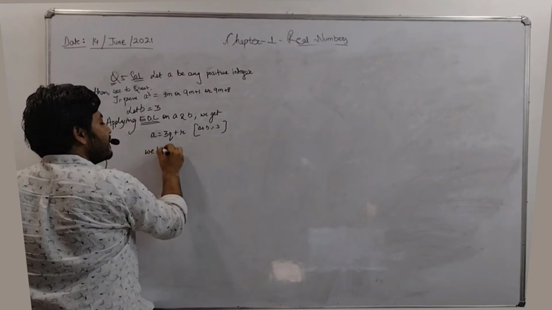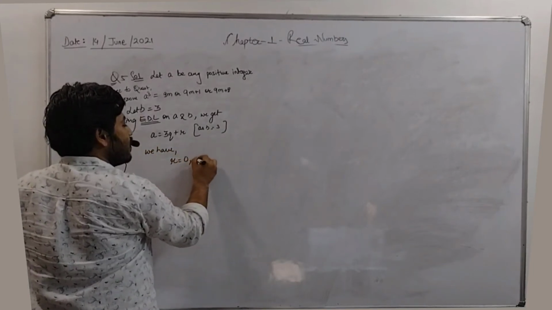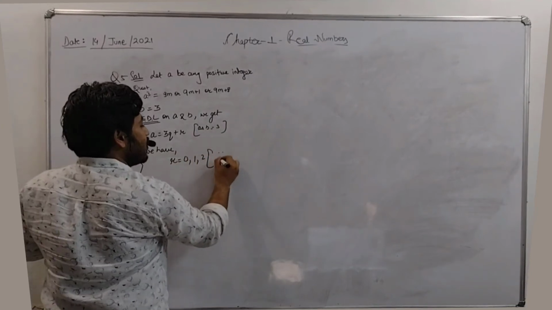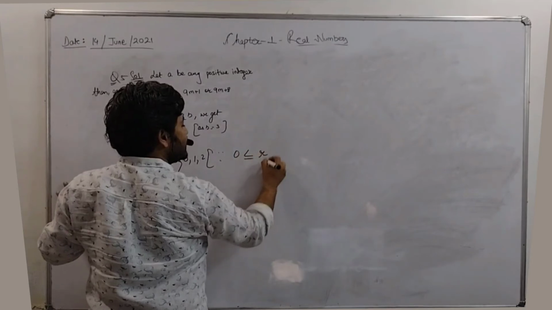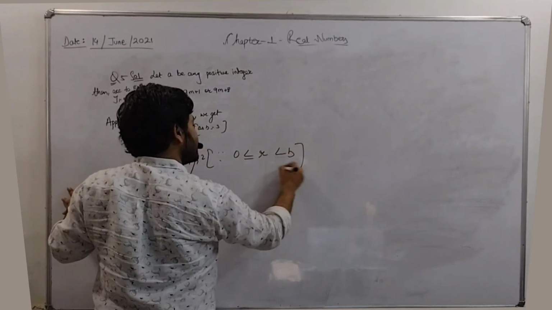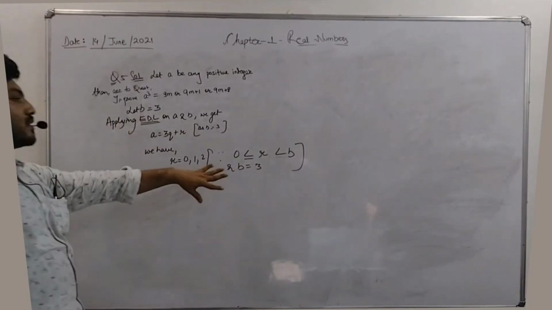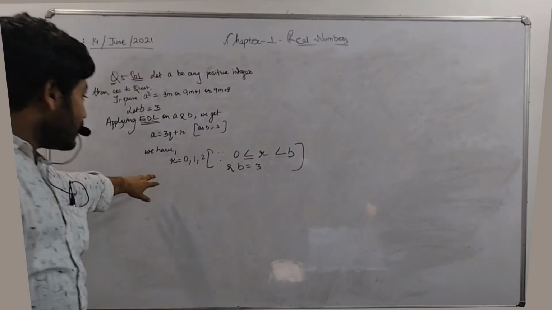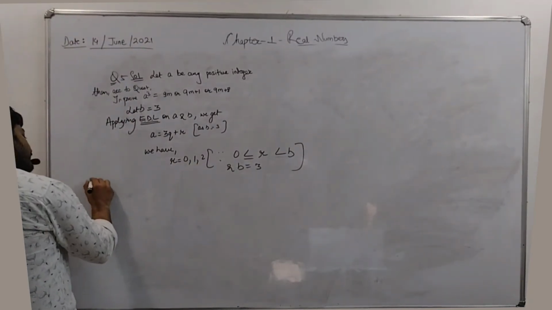We have r is equals to 0, 1, 2, because value of r lies between 0 and b is equals to 3. So the value of r lies between 0 and b, and we have 3 values of r. So let us study the case 1.